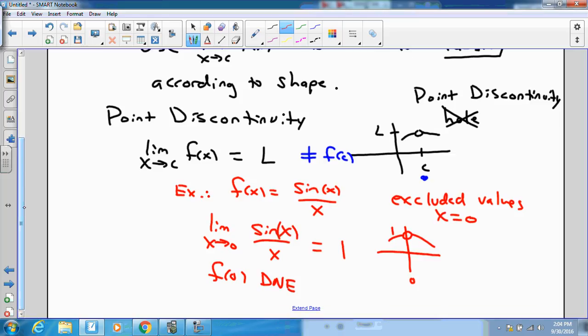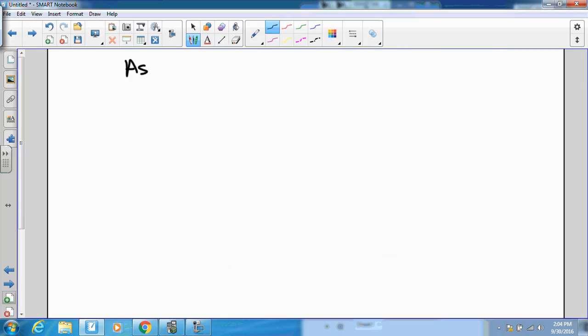Good so far? Good. Well, our second type of discontinuity is also a familiar friend, and that is the asymptotic discontinuity.